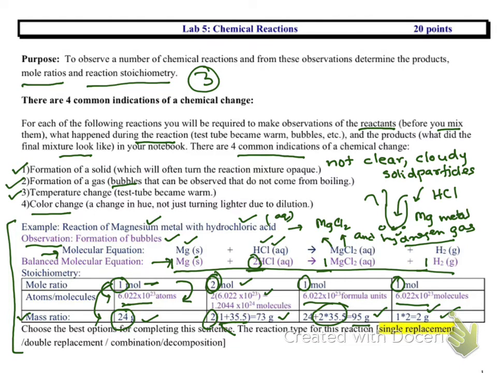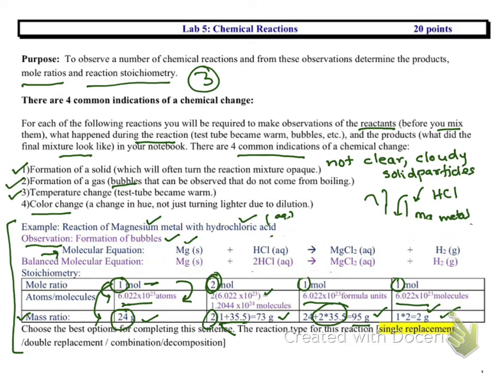In this reaction, magnesium is replacing hydrogen from HCl and taking its place, combining with chlorine, and hydrogen is kicked out. So I will circle single replacement. This is already done, so you don't have to do anything in this. This is just an example.